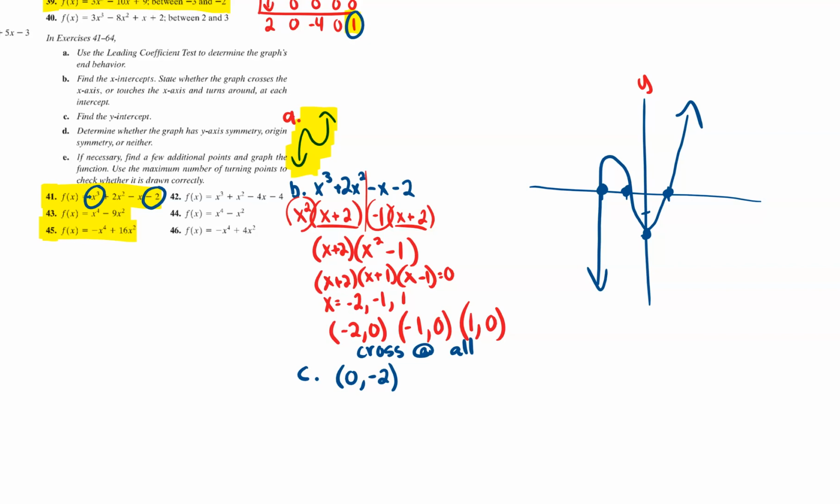A little bit hard to do, but if I were to rotate this around the origin, this part would now be facing up. This part over here would now be facing upward, and it would look something like this, which isn't the same as what I have. So it's not symmetric about the origin either. So the answer to D is going to be neither.